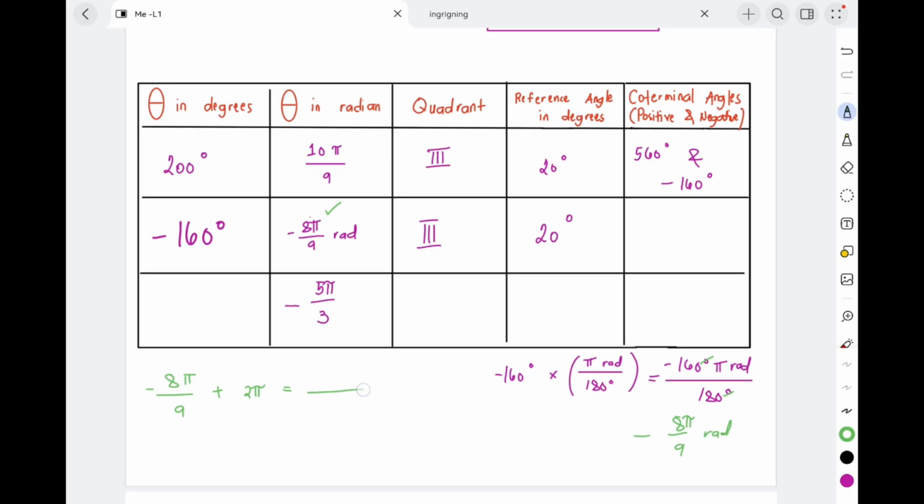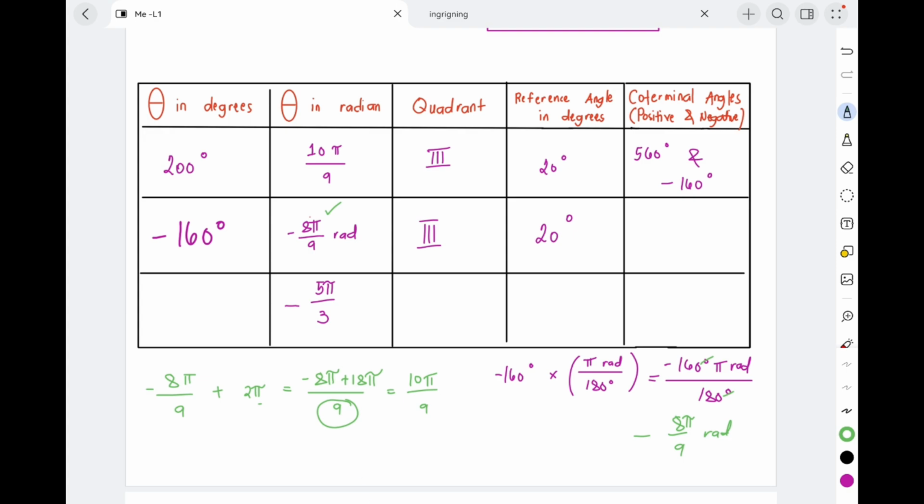The common denominator is 9. 9 divided by 9 is 1, times negative 8 pi, so that is negative 8 pi. 9 divided by 1 is 9, times 2, so that is 18 pi. So negative 8 pi plus 18 pi is equal to 10 pi over 9. And this is for the positive coterminal.